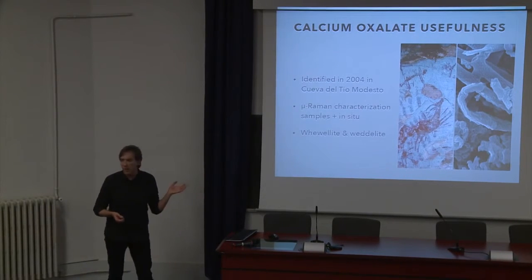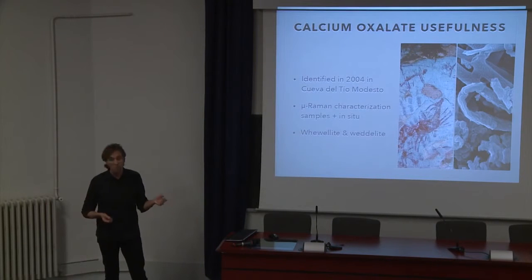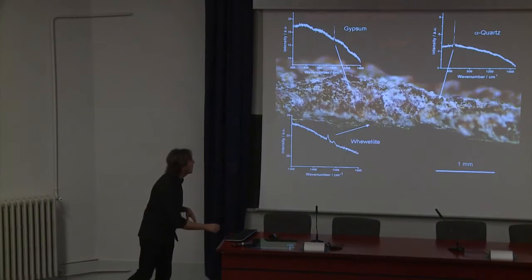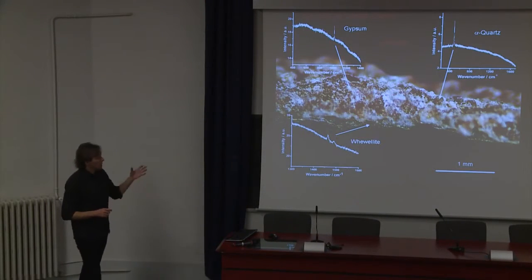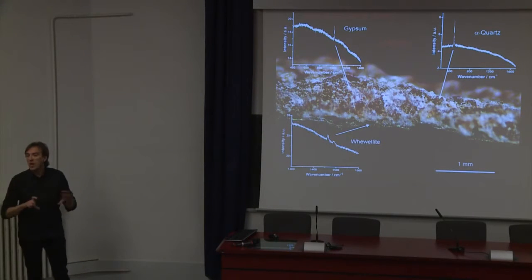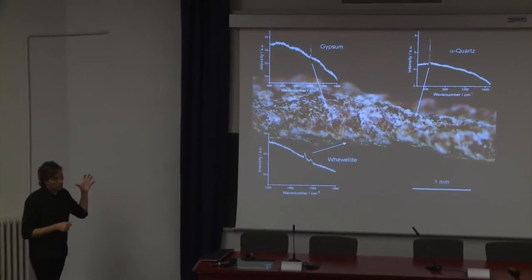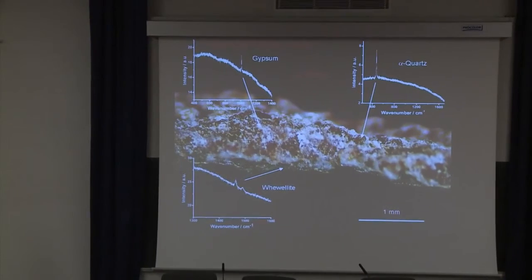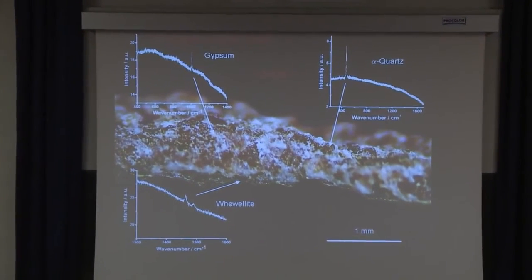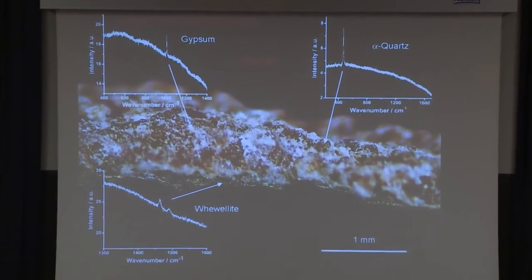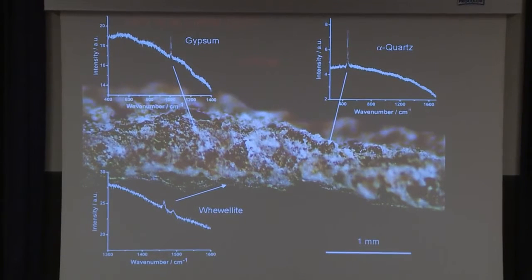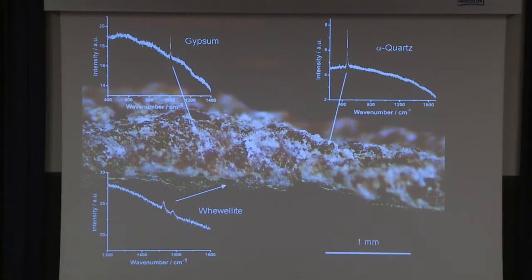And we have identified whewellite and weddellite in many of the rock art sites where we are working. This is an image of one of the samples that we removed from some of these places. And here we have some Raman spectra of the species that were in this sandstone.